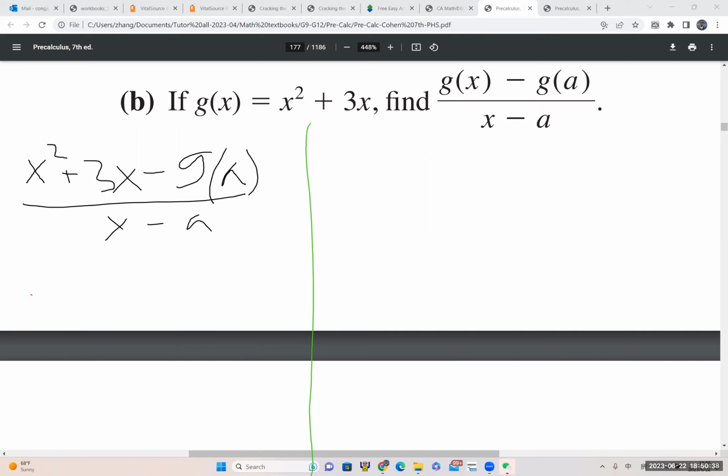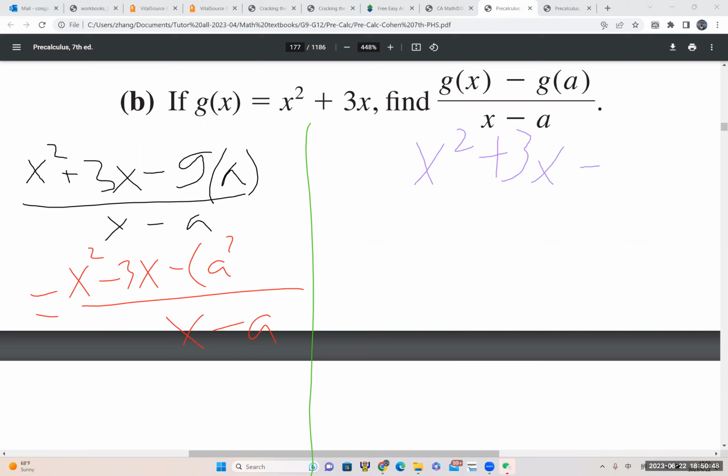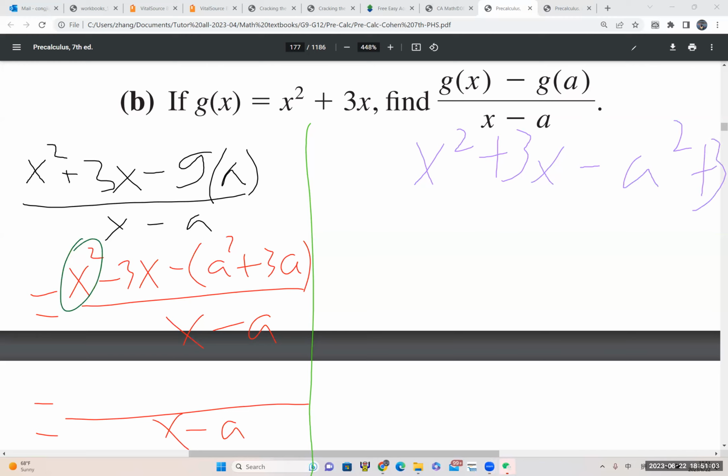Okay, keep going. So X squared minus 3X minus g of A, so A squared plus 3A, right? Then wait a bit, I have X minus A. You have, let me circle it, X squared minus A squared.